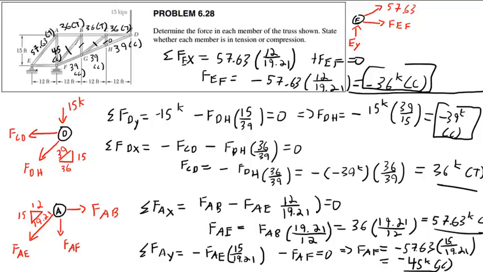And this is 36 kips compression, just like so. Or alternately, we could solve for the reactions and work through it in the other direction, but either one is perfectly fine. Questions on that?